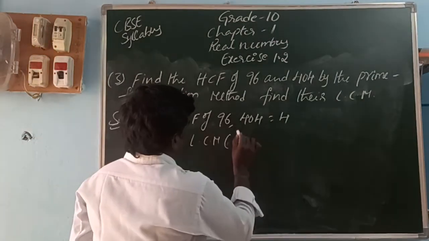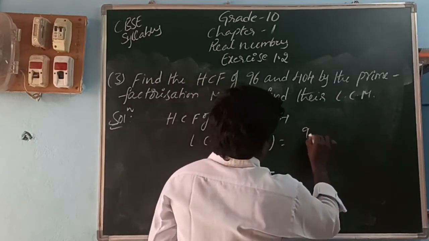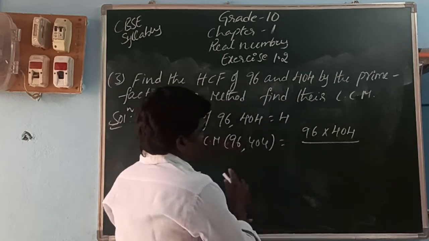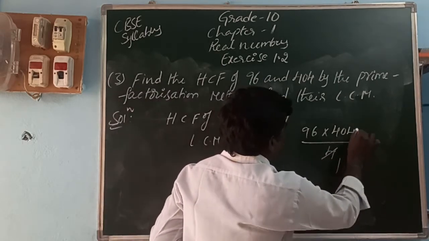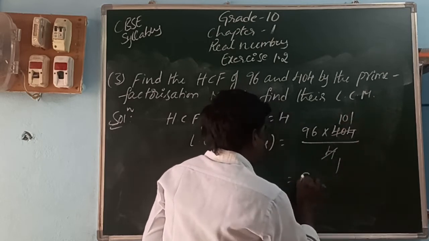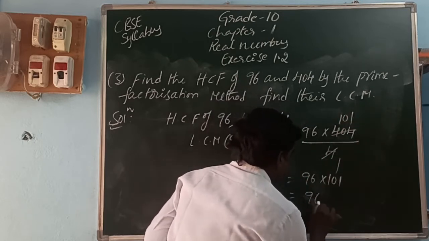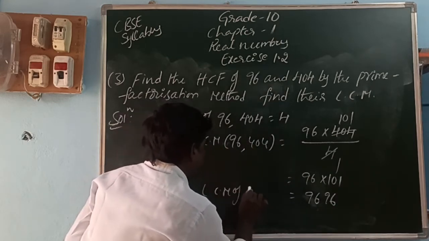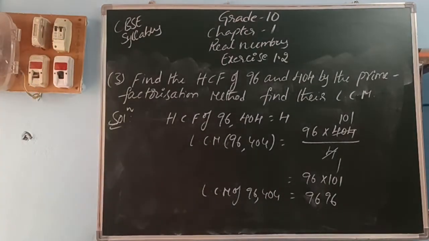So LCM of 96 and 404 is equal to 96 into 404 divided by the HCF, which is 4. 4 ones are 4, 4 101s are 404, so 96 into 101. How much do you get? 9696. So the LCM of 96 and 404 is 9696.